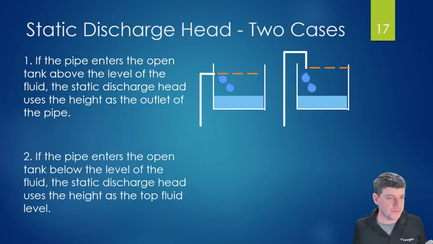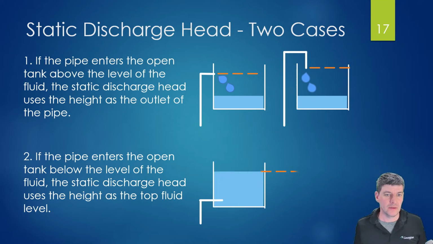Case number 2 is if we have the pipe entering the water itself. So the outlet of the pipe is below the surface of the water. And in that case, we're just going to take the surface of the water as our upper height when we measure our static discharge head.